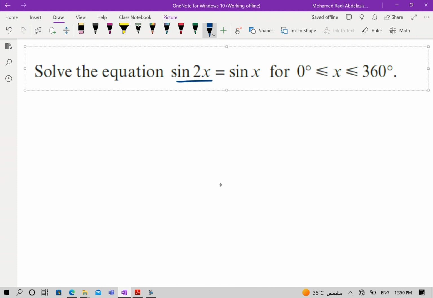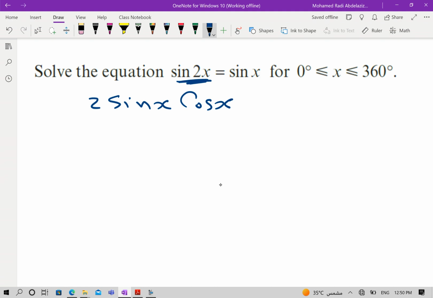Solve the equation sine 2x equals sine x. What is the first step? Split sine 2x: 2 sine x cosine x equals sine x. Then if you divide by sine x, you remove 3 solutions from this equation.